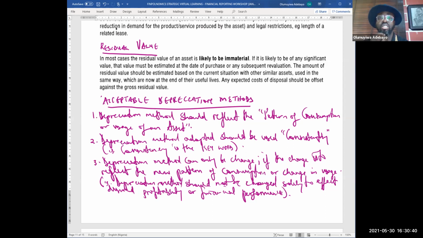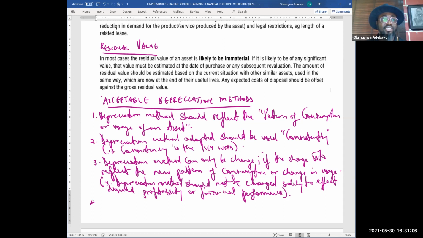No. The only basis to which you change the method of depreciation is only when it reflects the new pattern of consumption, which more or less ensures that our financial performance is a reflection of the true activity and performance of the entity.